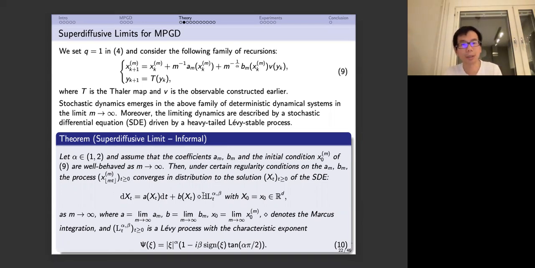And here, because we are dealing with an SDE driven by a Levy stable process, we have to be careful about the convention of stochastic integration that we use. This diamond here denotes the Marcus integration. I will say something about this later. And L_t here is basically a Levy process with this characteristic exponent. And here we see how alpha and beta enter into the limiting equation.